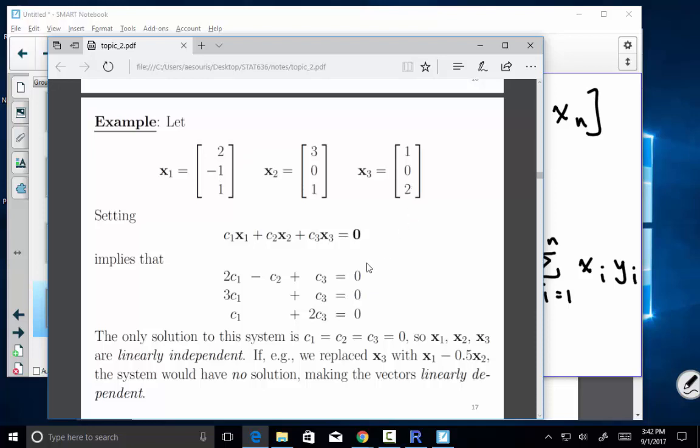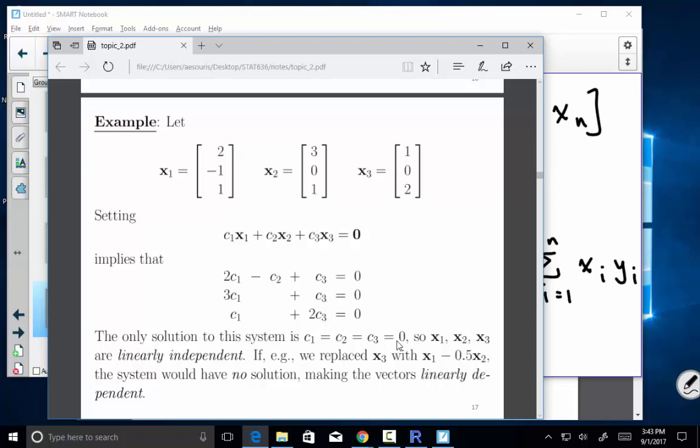You try to set an arbitrary linear combination equal to 0 and solve for the coefficients that make that true. If you can find a solution to this equation without using all the c's equal to 0, then you have discovered linear dependence.